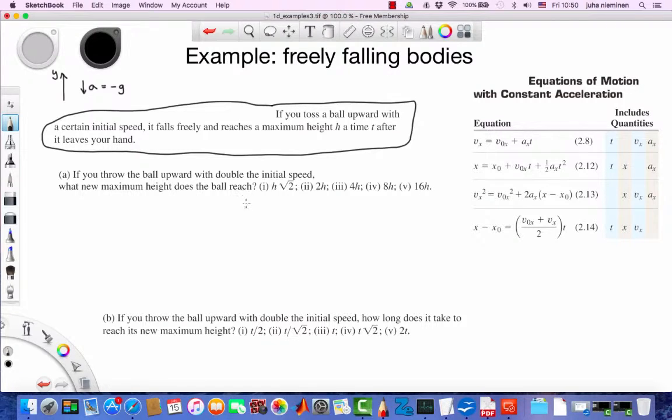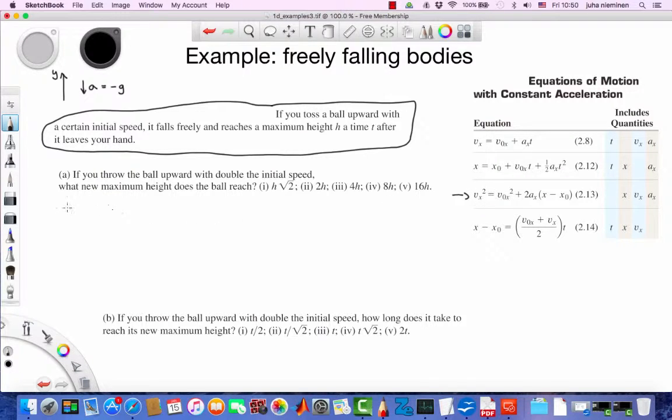So first of all, we have to find the expression for the maximum height in the general case. And in this question, there is no time involved. So again, we opt for the formula where we don't need it. So let's apply it to our purposes.